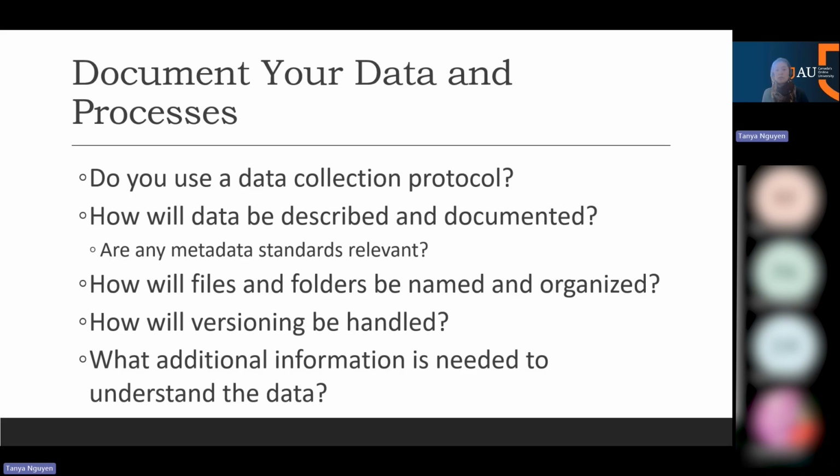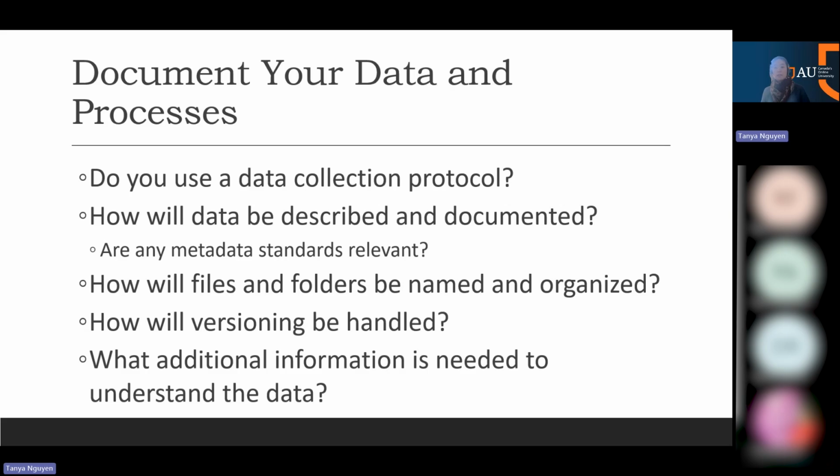So for example, if you're doing interview research, you might have created a script to do these interviews, and you may consider also having a file naming convention of how you're saving different versions of your file.